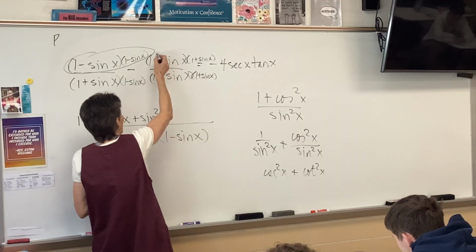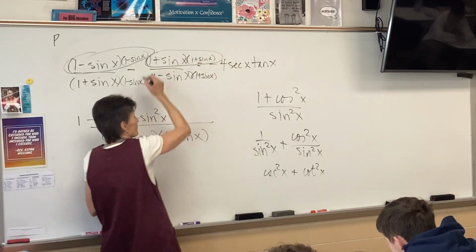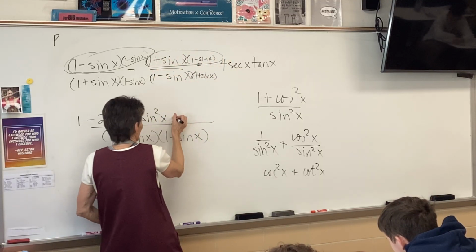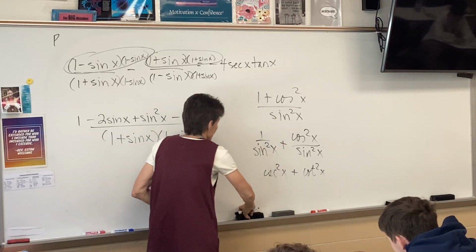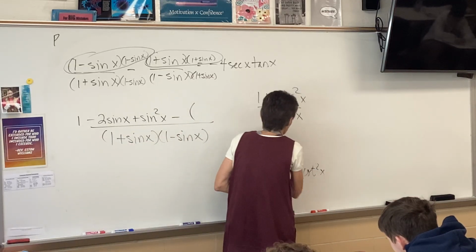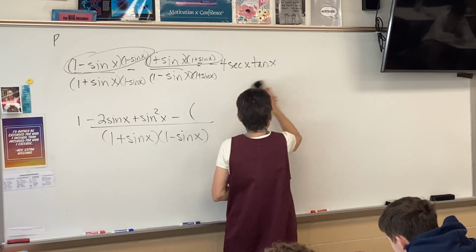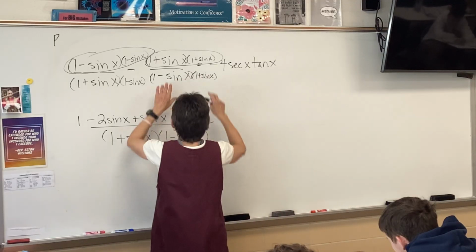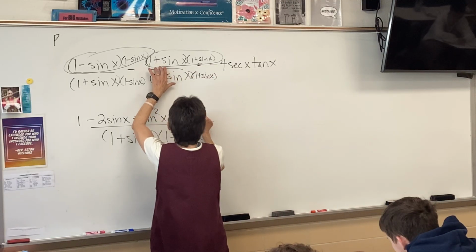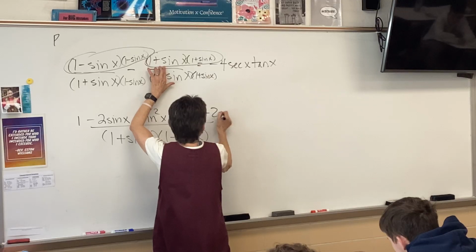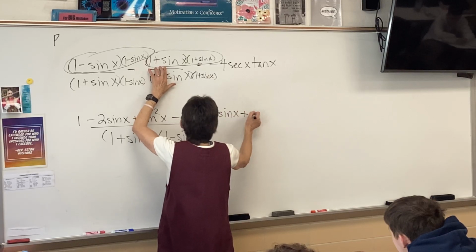Now don't I have to FOIL this one too? So minus, I've got to put parentheses there because I'm subtracting that whole thing. So what do I get when I FOIL that? 1 plus 2 sine plus sine squared.